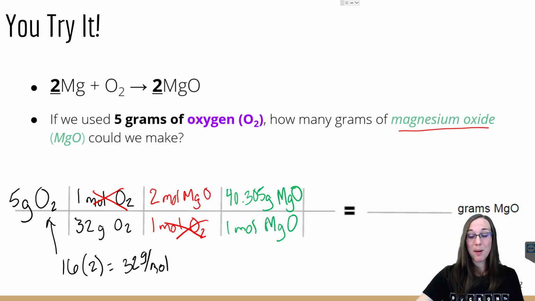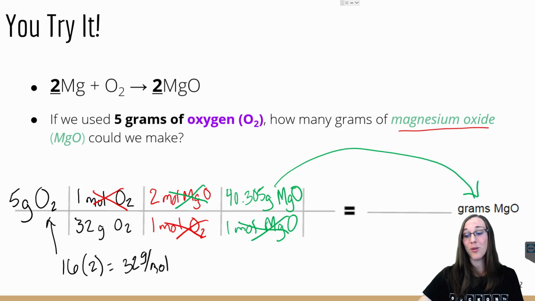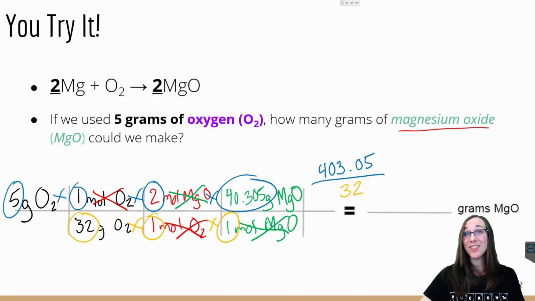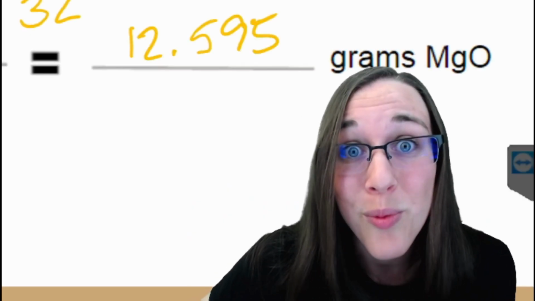Now we can see that moles of MgO cancels, and I am in fact left with my goal unit, so I know I set it up right. Now I can plug and chug into my calculator. Few moments later. So when I divide those two values, I get 12.595 grams of MgO.